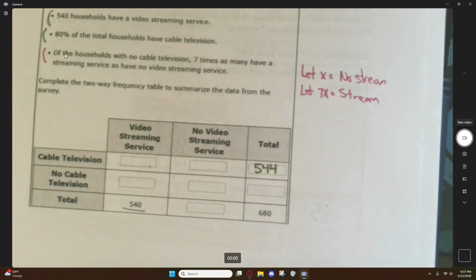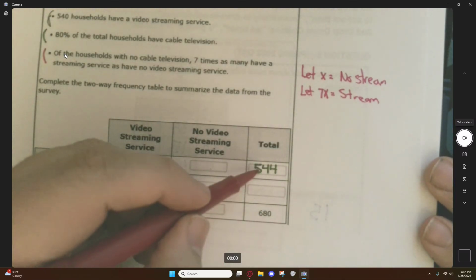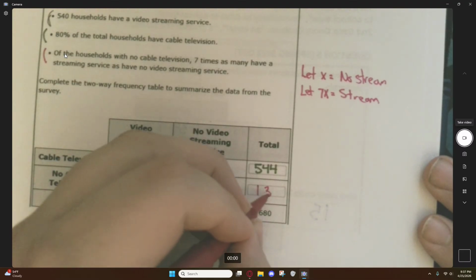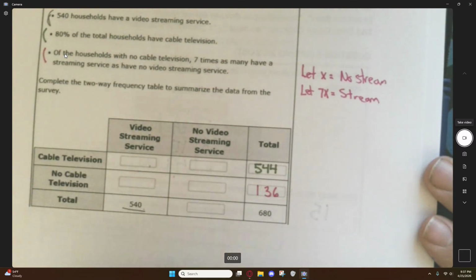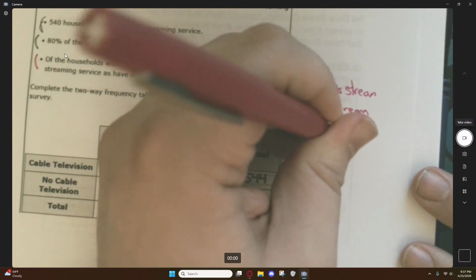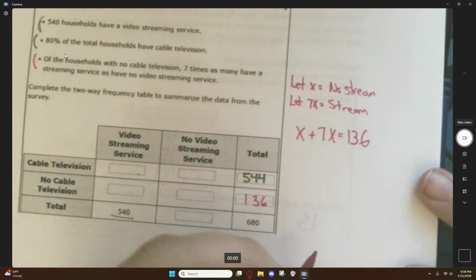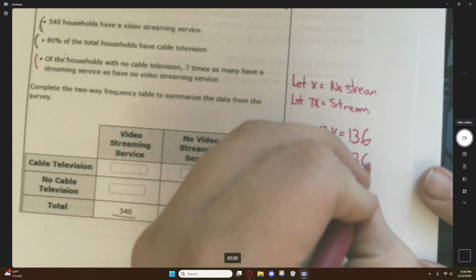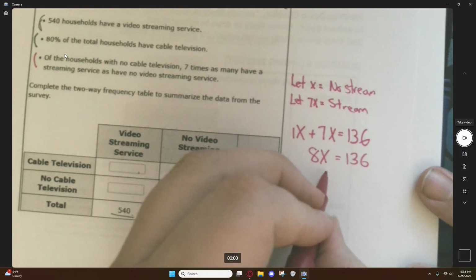Problem is, we need to know how many people don't have cable television. Well, we can do that with 680 minus 544, which will give you 136. So now, of those 136, we have x plus 7x equals 136. You combine like terms, that gives you 8x equals 136, because 1 plus 7 is 8.